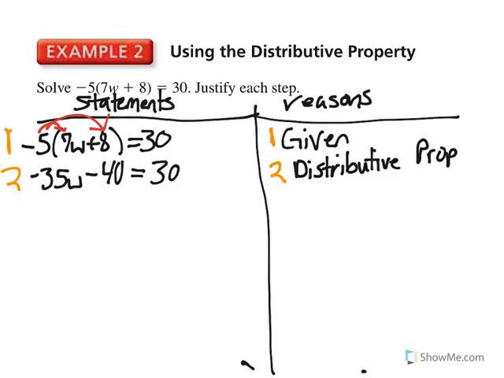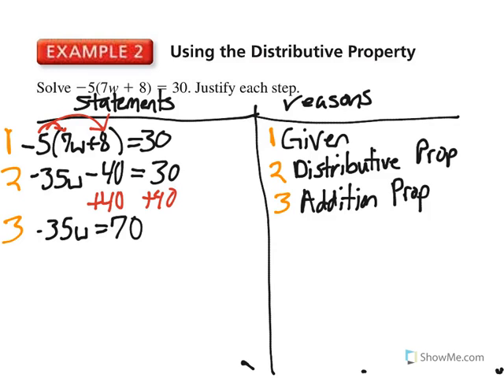Now I keep solving. So I'm going to try to get my like terms together. I already have all my W's together, but I need to get my numbers. So I need to add 40 to both sides to get my new statement of negative 35 W is equal to 70. This would be my third statement. And so my third reason, to get to that step, I had to add, so that would be addition property.